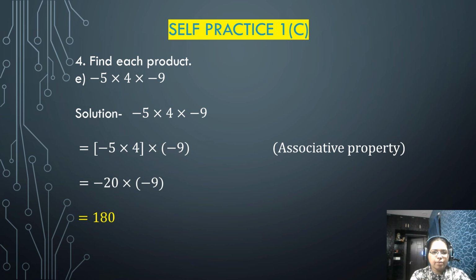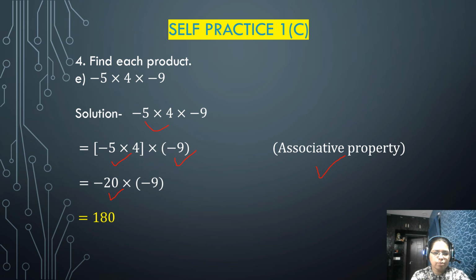Now E, minus 5 multiplied with 4 multiplied with minus 9. First we multiply minus 5 with 4, and then we multiply the product of minus 5 and 4 with minus 9. This is the associative property of integers. Minus 5 multiplied with 4 is minus 20. Product of negative integer and positive integer gives a negative integer.